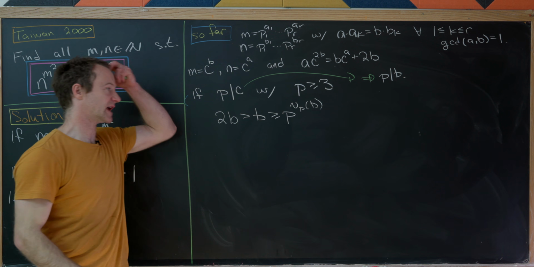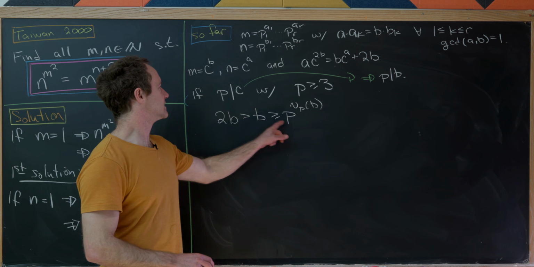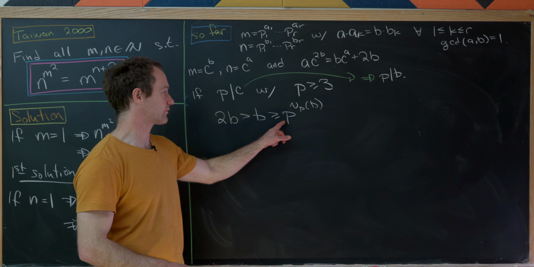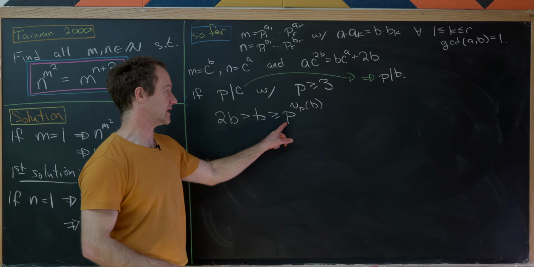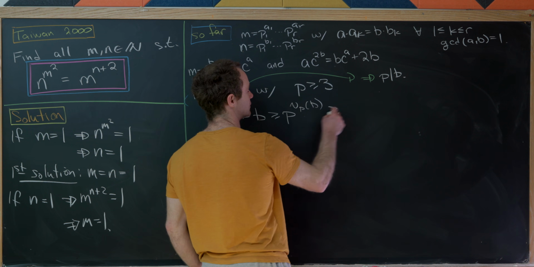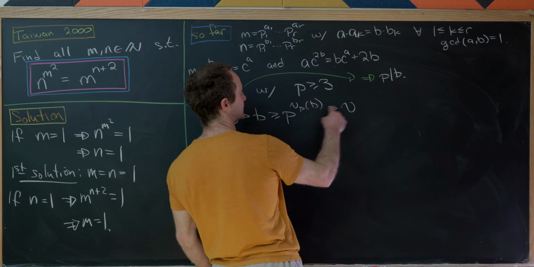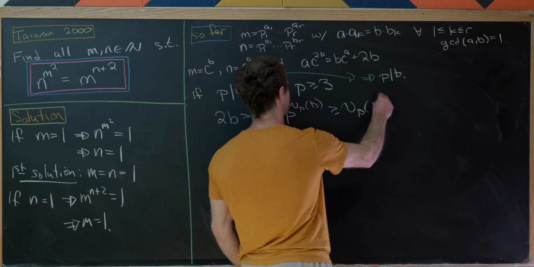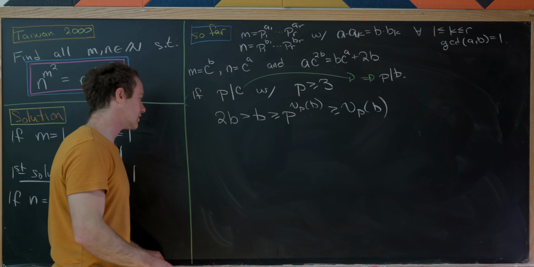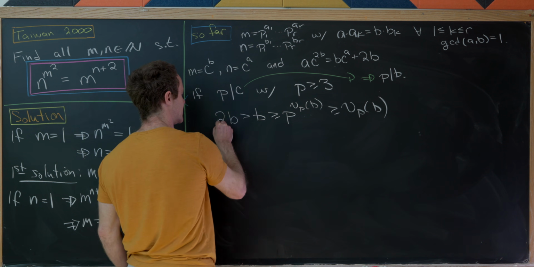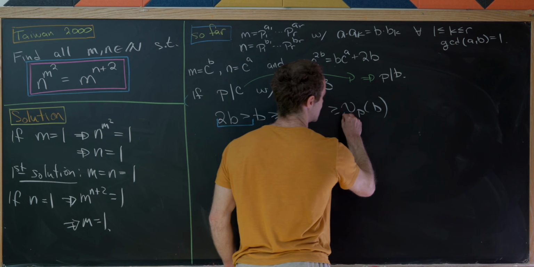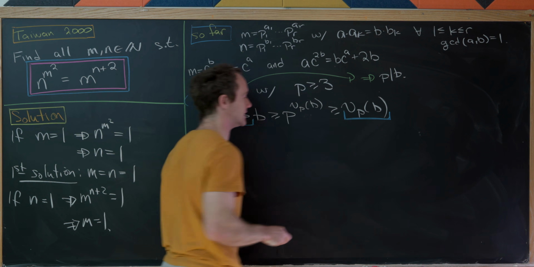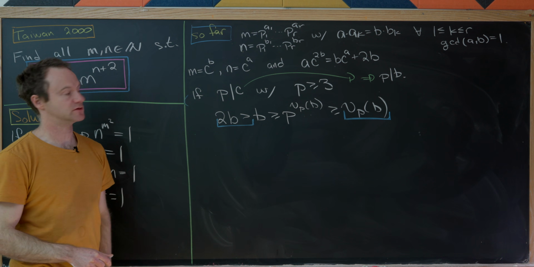So p is a prime factor of b. But since p is bigger than or equal to 3, then something in the exponent of p is always going to be bigger than or equal to this something that we have, nu p of b. So we have this inequality right here: 2b is strictly bigger than nu p of b.